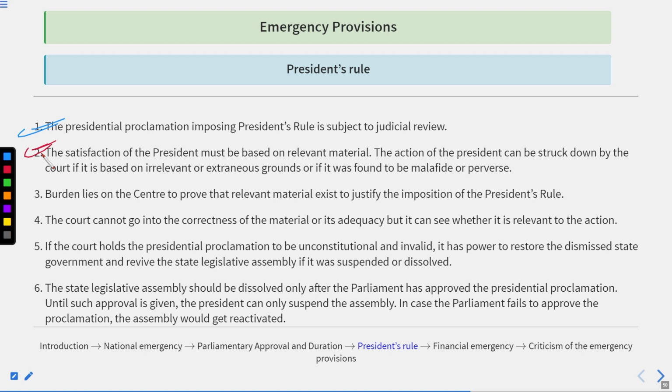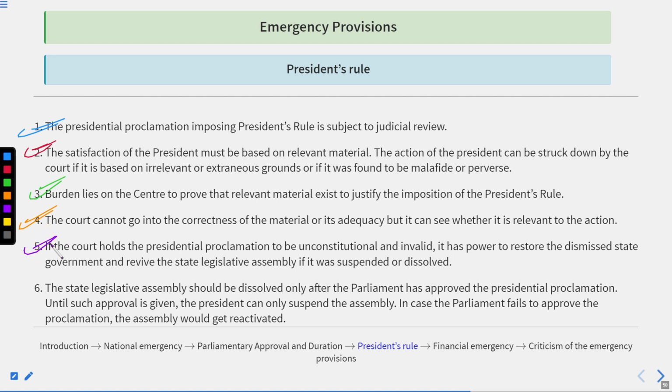The action of the President can be struck down by the court if it is based on irrelevant or extraneous grounds, or if it is found to be malafide or perverse. Third, the burden lies on the center to prove that relevant material exists to justify the imposition of President's rule. The court cannot go into the correctness of the material or its adequacy, but it can see whether it is relevant to the action. Only the relevancy could be checked.